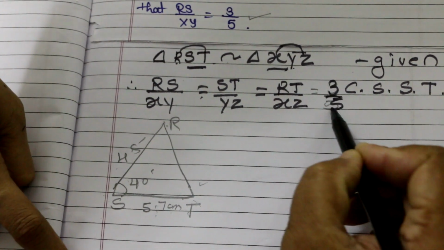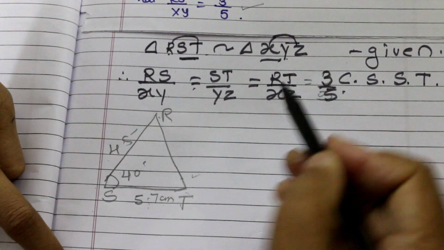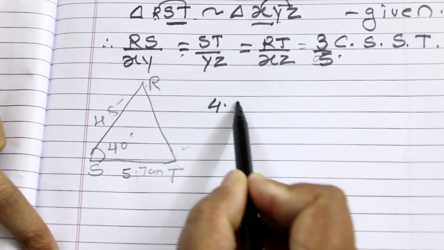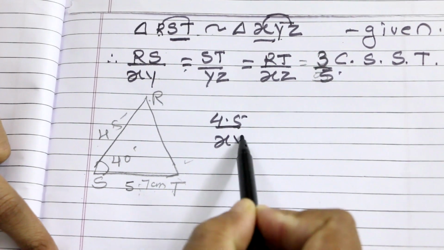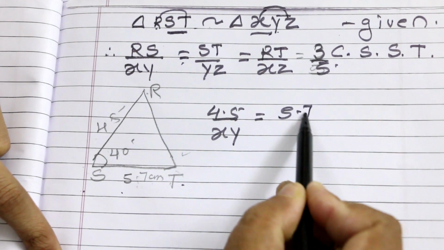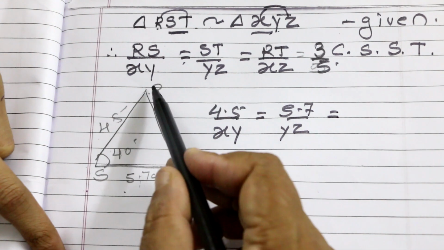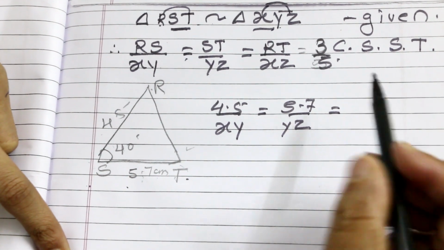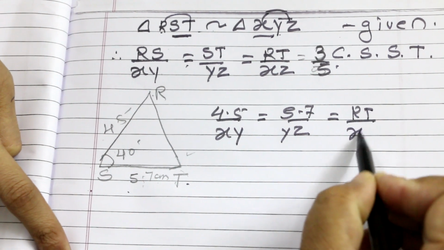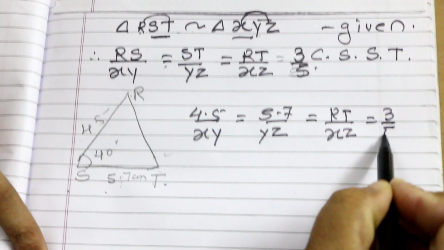Now I will be placing the values: RS is 4.5, so 4.5 upon XY equal to ST 5.7 upon YZ equal to RT upon XZ, which are not given, all equal to 3 upon 5.